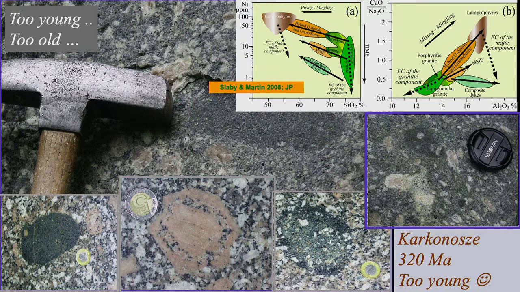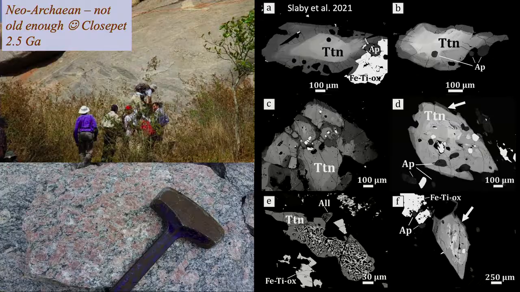Okay, so you know, we still made a nice model for the batholith origin, and we published it. And next, Hervé suggested I research another batholith in India. Indian colleagues will be happy now. Closepet, Dharwar Craton, 2.5 billion years old.